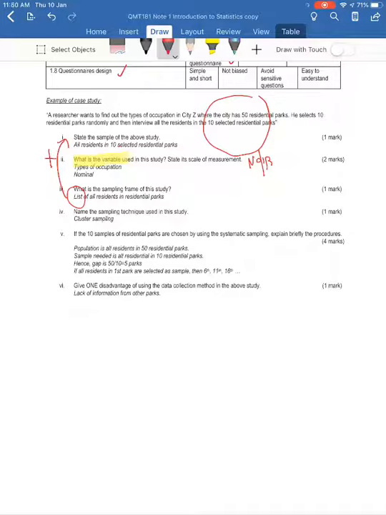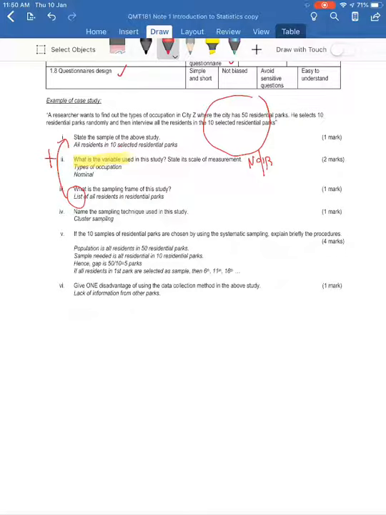If the 10 samples are chosen by using systematic sampling, explain briefly the procedure. Population is all residents in 50 parks. Sample needed is all residents in 10 residential parks. So the gap is 50 divided by 10, which is 5 parks.